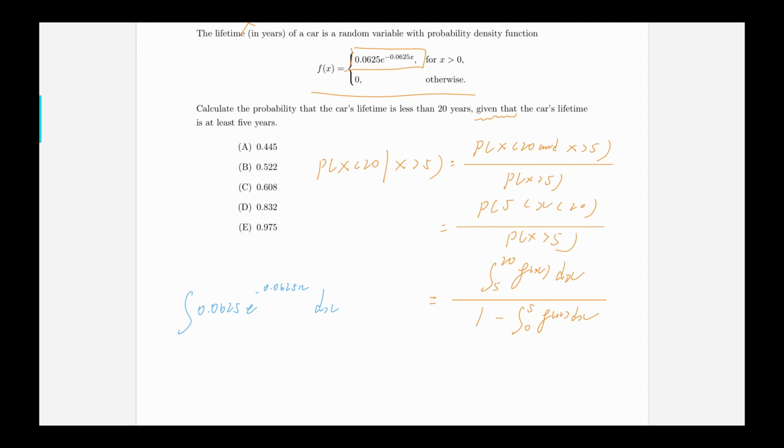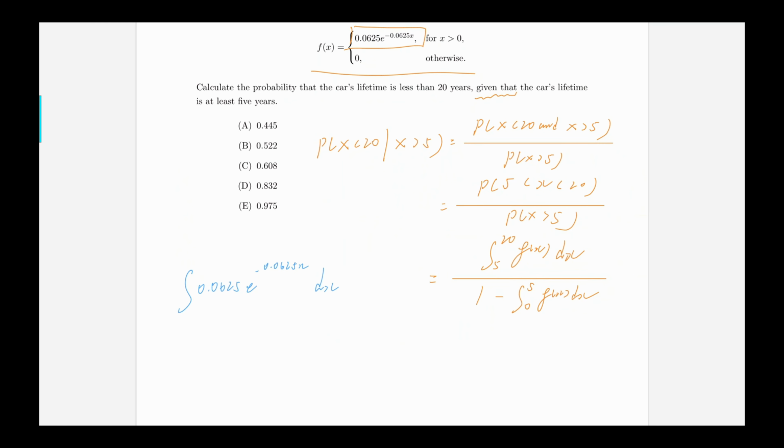And since we have some similarities here, maybe we should try a u-substitution, and we can cancel something out. So u equals negative 0.0625x, and du equals negative 0.0625 dx.